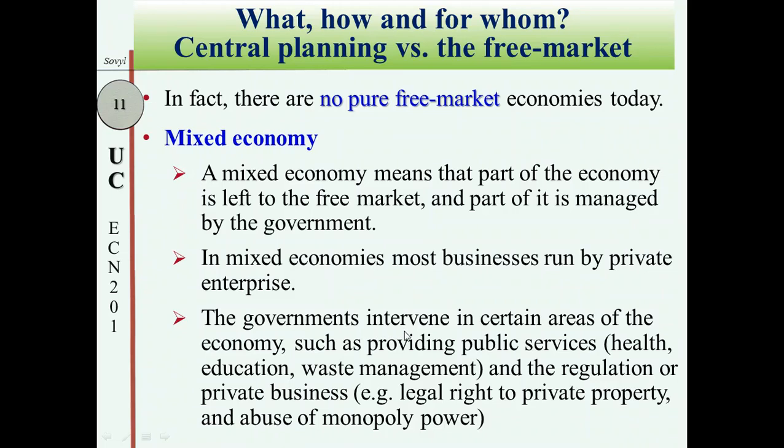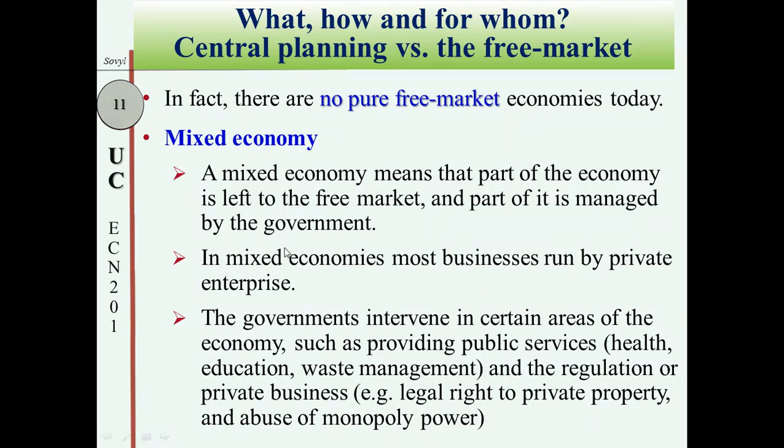The government intervenes in certain areas of the economy. The government still has power to intervene and take control of some areas of the economy, such as providing public services, health, education, waste management, which are controlled by government. Like I said, electricity or water is also controlled by government. And the regulation of private business. The government also regulates private business, for example, legal rights to protect private property, abuse of monopoly power, something like this.